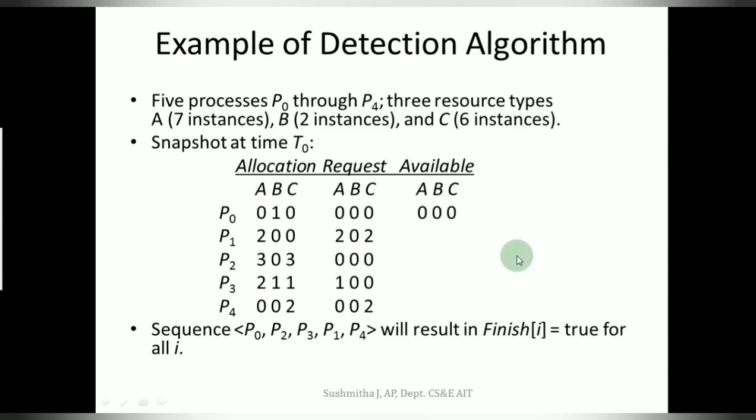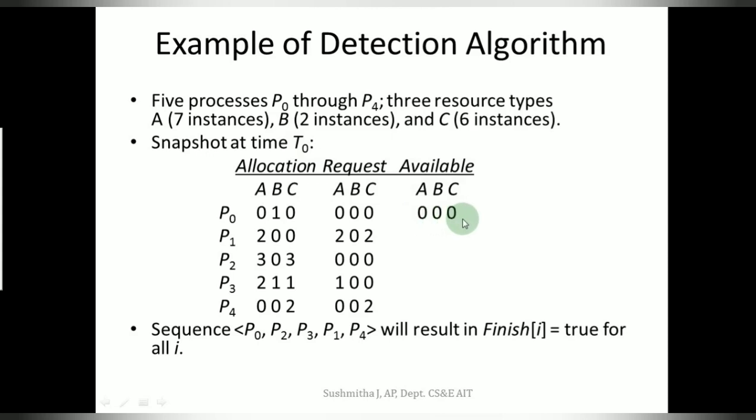Now consider this example. We have 5 processes P0 to P4, and we have 3 resource types A, B and C. So the total number of resources in the system are 7 of type A, 2 of type B and 6 of type C. Now at the time T0, what is currently available is 0.